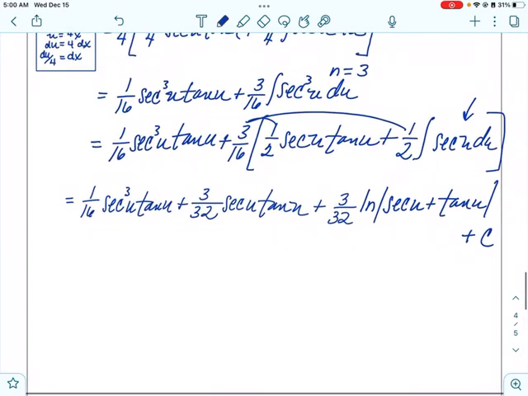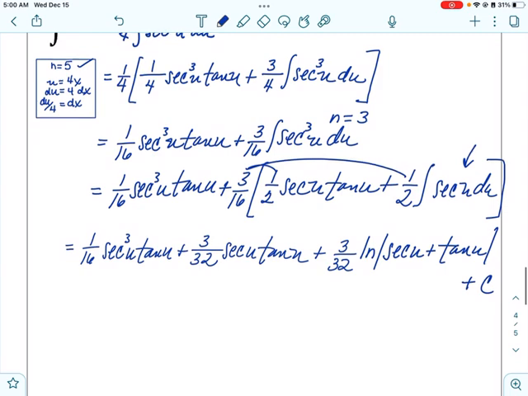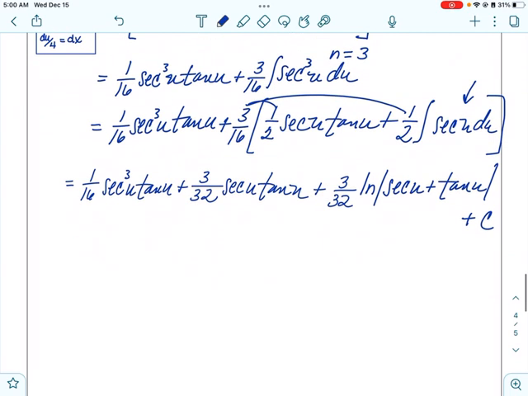And then plus the arbitrary constant c. So with that in mind, we have our integral of secant to the 5th of 4x dx. We could write this in different ways, we could factor out if we wanted to, but we'll just keep it simple.